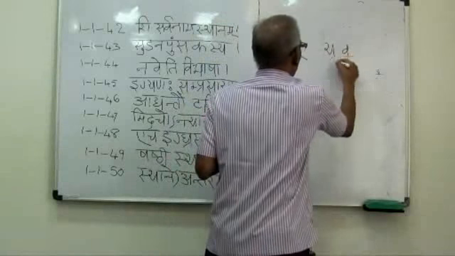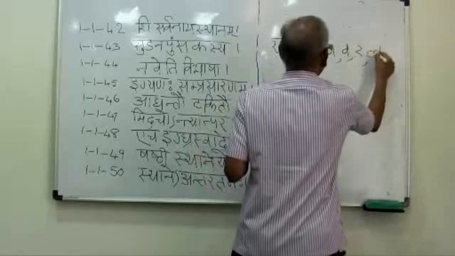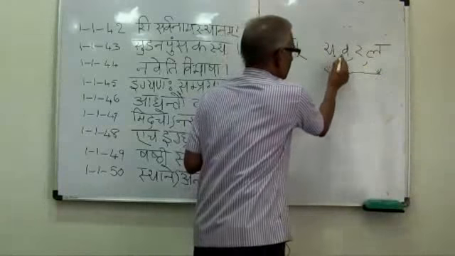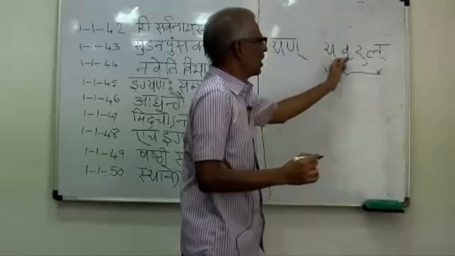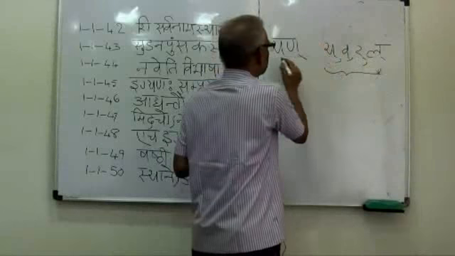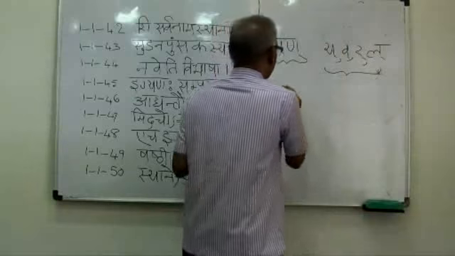Ya, va, ra, la: these four consonants, yakara, vakara, refa and lakara, are briefed in the yan pratyahara.